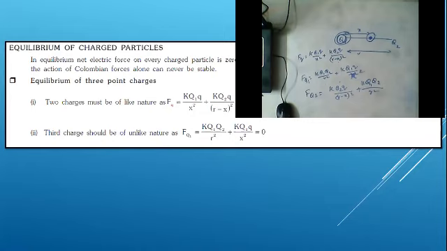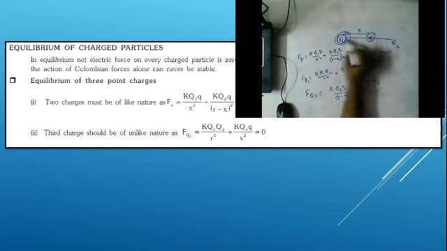Clear? So the logic is very simple. If we require force with respect to this q, it is attracting both things. Of course, one should be considered positive, one negative; that is a later issue. But for the net force to be 0, we write k q1 q by x square and k q2 q by (r minus x) square. If we want the force with respect to this q1, we write k q1 q2 by r square plus k q1 q by x square.